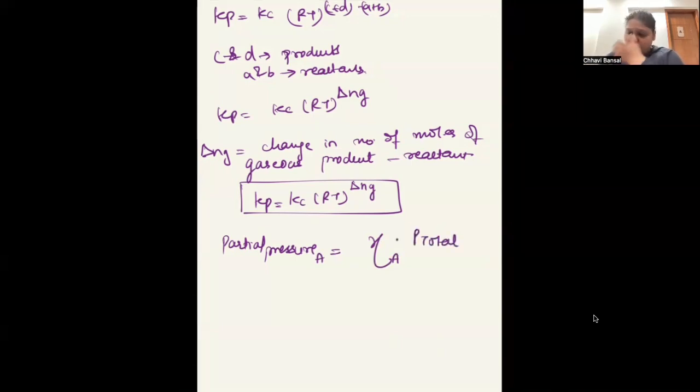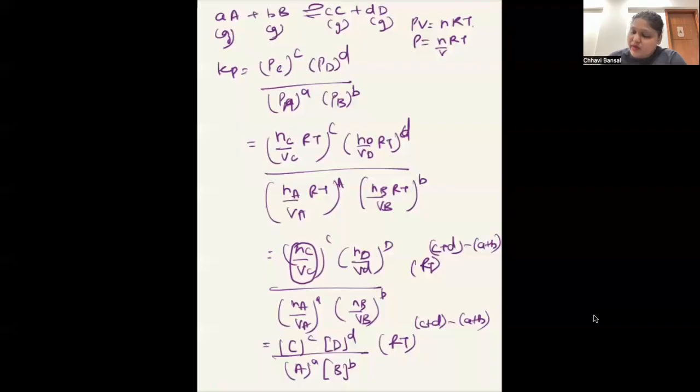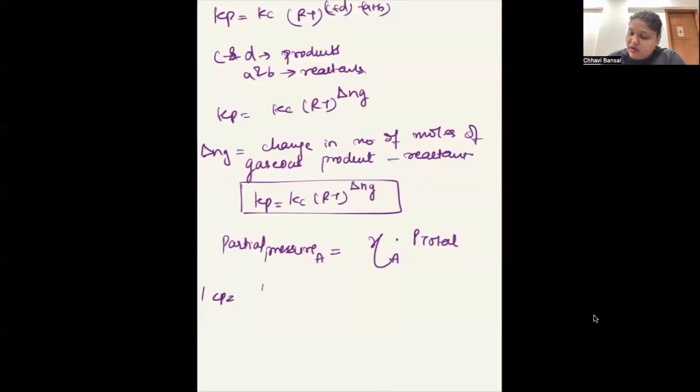Using this, what is the Kp value here? Kp is equal to Pc raised to power C, Pd raised to power D, upon Pa raised to power A, and Pb raised to power B, right? This is the value of Kp.